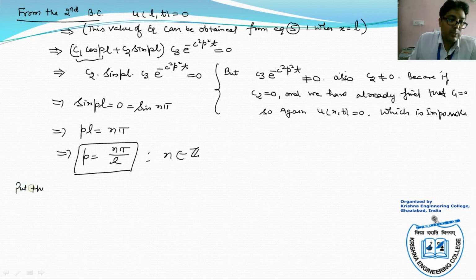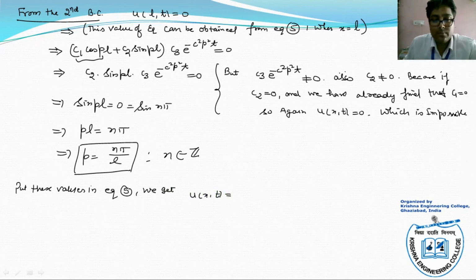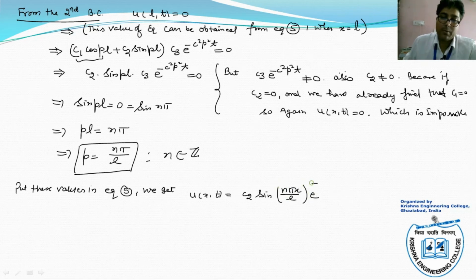Put these values in equation 5. We get u(x, t) is equal to C2 sin(n pi x by L) into e to the power minus n square pi square C square T upon L square, clear?